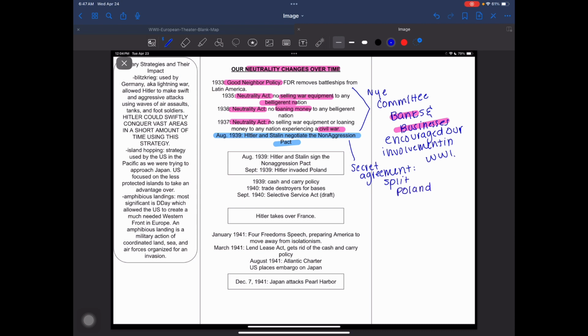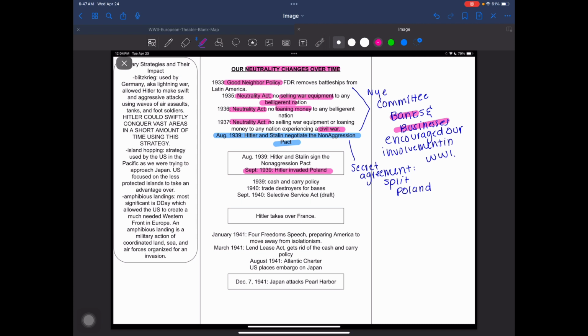Which kind of made sense because when Poland was created after World War I, half of Poland used to belong to Germany, and then the other half used to belong to the Soviet Union. There was land taken from both countries, and Stalin's going to agree to this, okay? So they signed the non-aggression pact. Hitler, knowing that he does not have to worry about fighting a two-front war because of this non-aggression pact, is going to invade Poland.